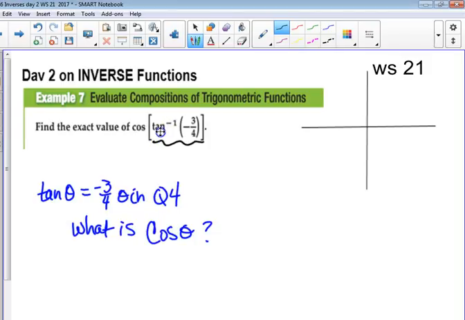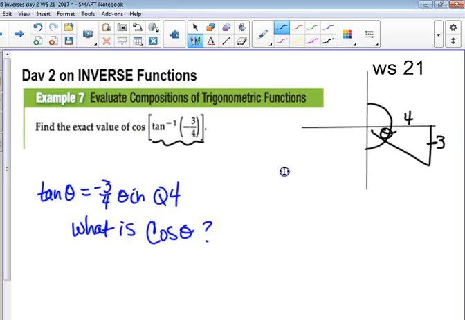Because inverse tangent is only defined in these two quadrants and it's negative. So I go here and I draw it. 3 and 4 are opposite and adjacent. Which one's negative? The 3, because I went down, right? Now it wants the cosine.